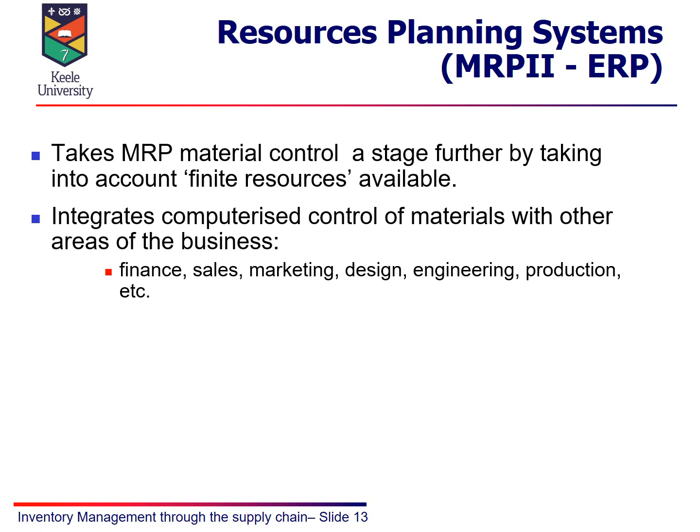And it also integrates computerized control of materials and procurement with other areas of the business. So it can link to sales, to marketing, to computer-aided design, for example, because there's the design changes, we could automatically update the bill of materials, and so on and so forth. So really, MRP2 and then enterprise resources planning is the notion of integrating all these systems together.